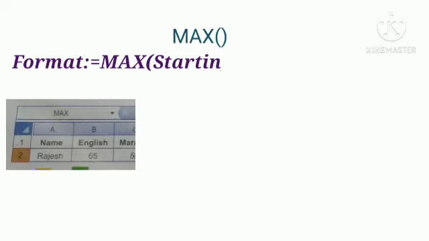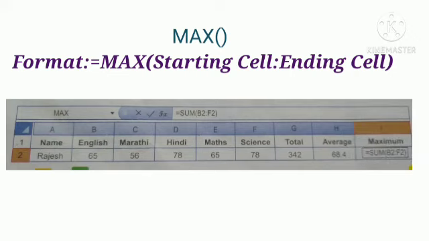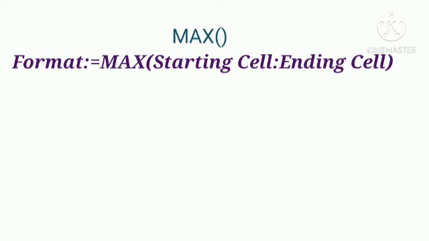MAX, maximum. This function helps you find the maximum number. Now student, using this formula you can easily find the maximum number. What is the formula? Equal to MAX(starting cell:ending cell).